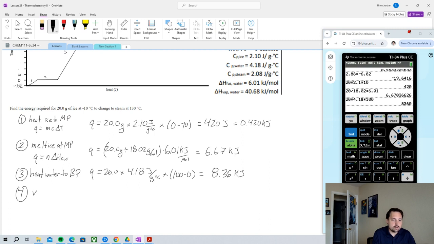Next thing is to vaporize the water. So we'll use Q equals n times the heat of vaporization. What's 20 divided by 18? Not multiplied by, but divided by.